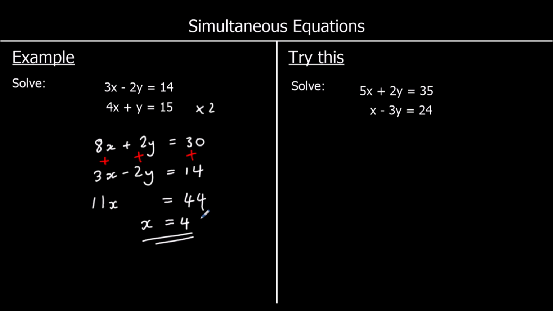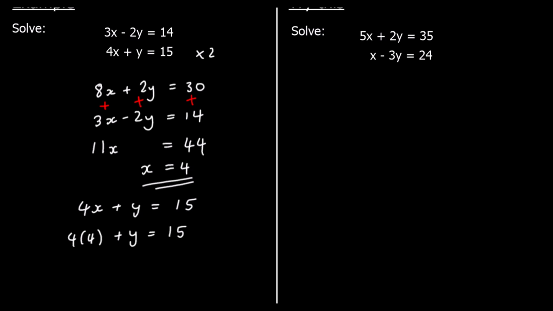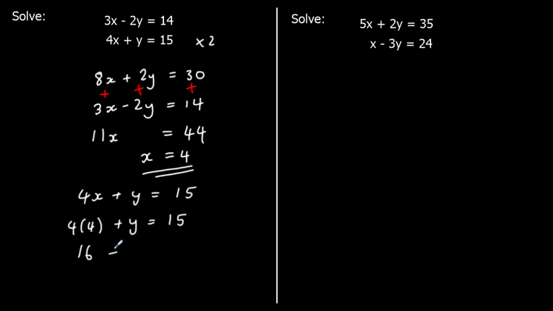And we can use that to find y. So 4x plus y is 15. And x is 4. So 4 4s plus y is equal to 15. 4 4s are 16. So 16 plus y is 15.